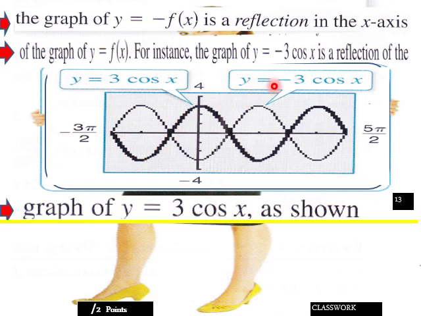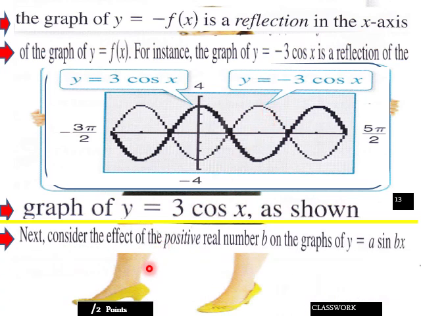And then y equals negative 3 cosine x is a reflection of that. So it's reflected through the x-axis here. You just flip this over and you get a reflection of it. When you put this negative out in front like that, it is a reflection in the x-axis. So that's what that would look like.